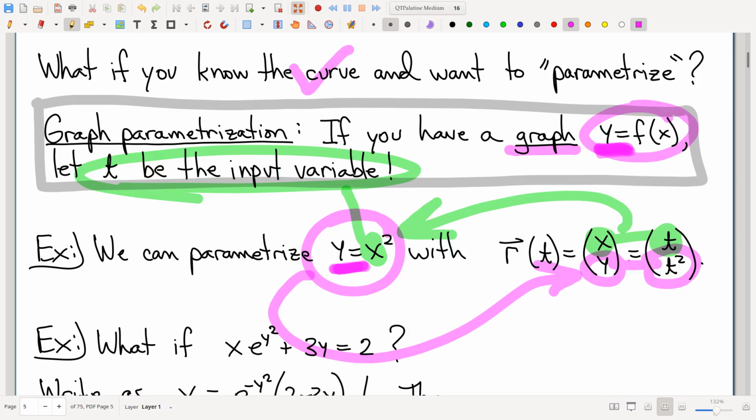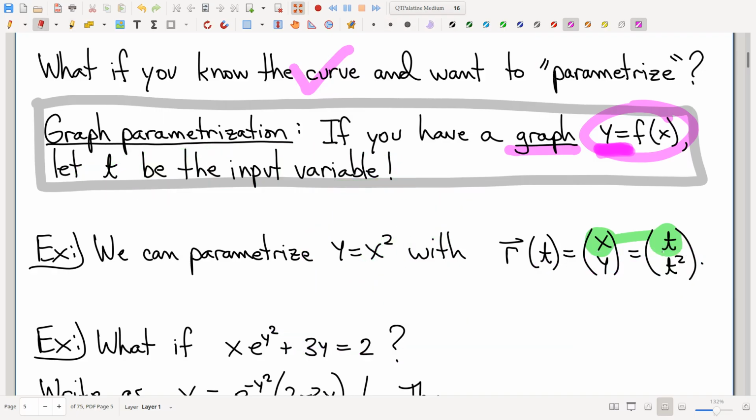Because if t is x, and if y is x squared, then y is t squared. And oh my God, we win. We have parameterized because by following this method, we have position as a function of time.